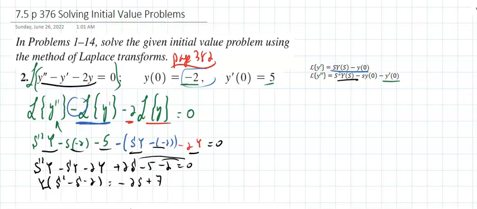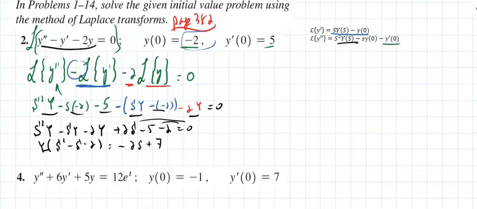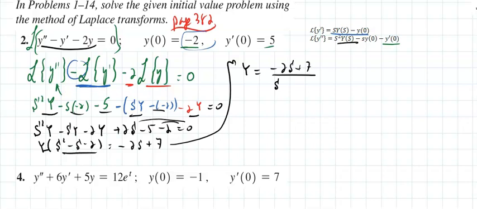And if I look for y, y is going to equal negative 2s plus 7 divided by s squared minus s minus 2. That factors into s minus 2, s plus 1. So this is a over s minus 2 plus b over s plus 1.